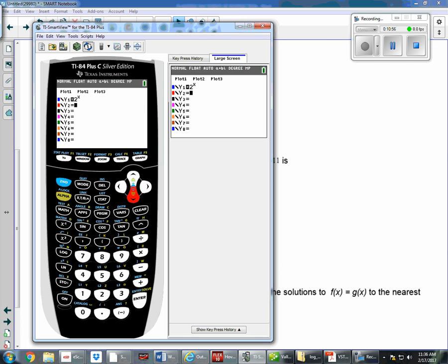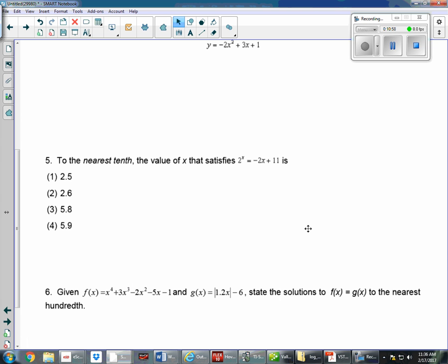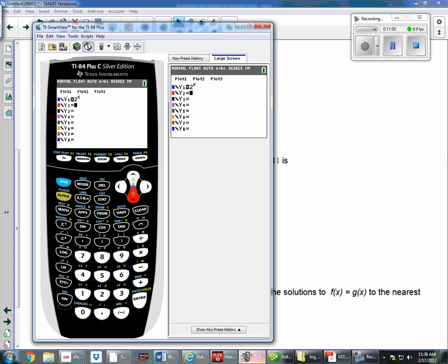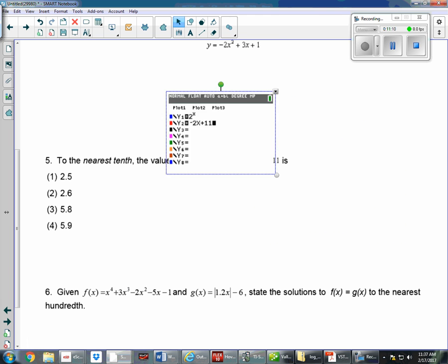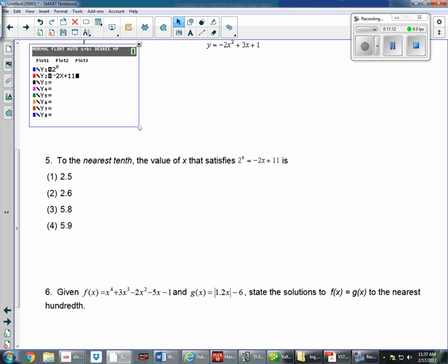And in y2, we'll type our other equation, negative 2x plus 11. So this is what my calculator looks like. And again, I'm putting each side in a different y function in the calculator so I can choose the point of intersection because I'm looking for where they're equal.